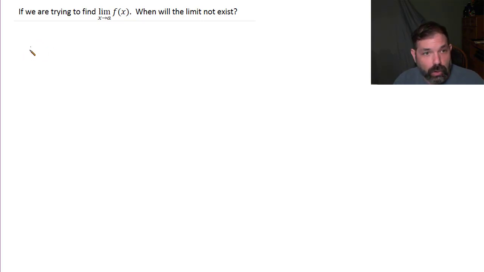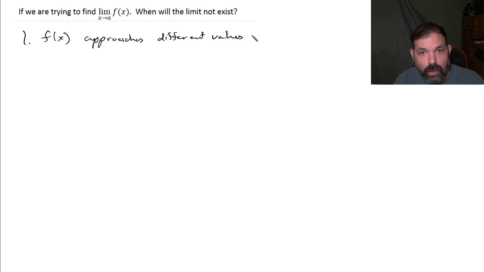All right, so the first example we saw was if the function approaches different values on either side of A. We saw this example with the absolute value function, that depending on which side of A we got different outputs, this limit would not exist.